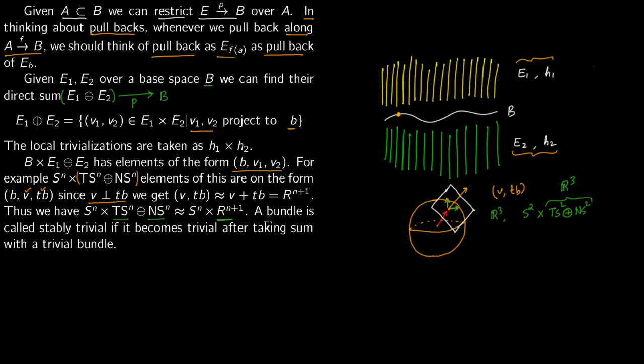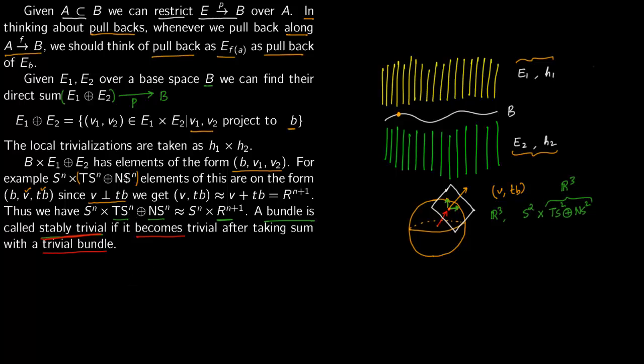A bundle is called stably trivial if it becomes trivial after taking a sum with the trivial bundle. For example, this normal bundle is always trivial because this is just t times the base space, so it is just some R^n.